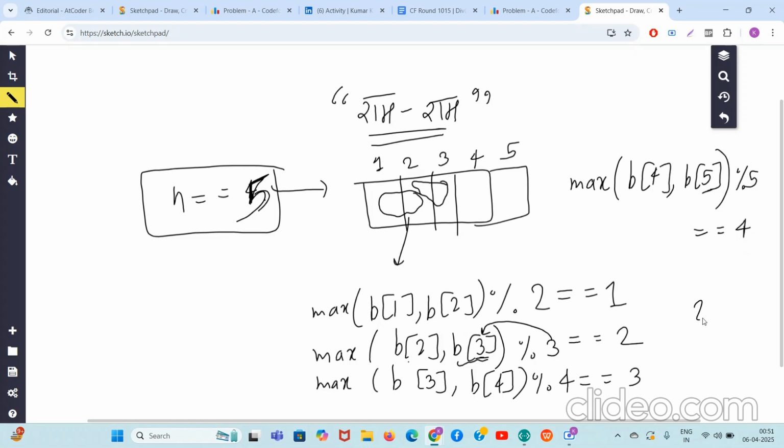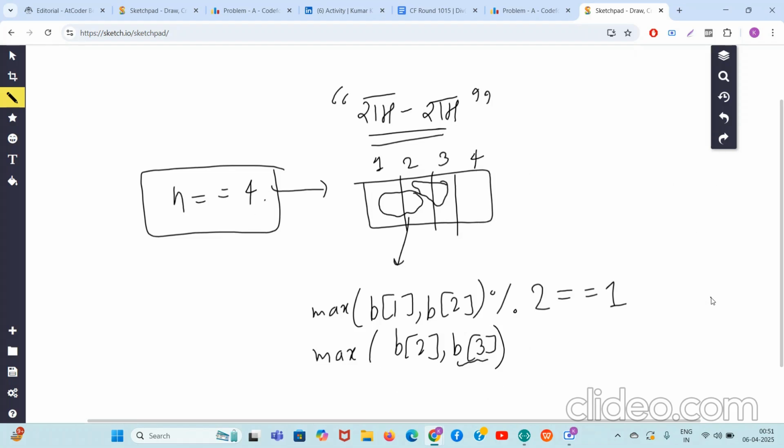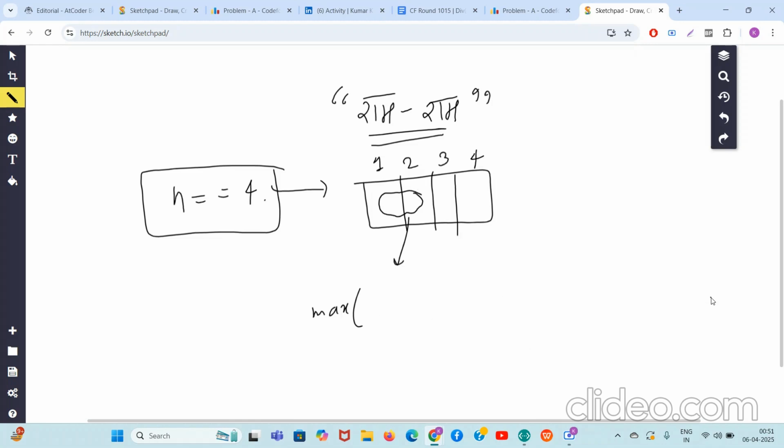So how will you generate such a permutation, right? I agree that we don't know the answer, but we know something, right? We know one simple trick, guys.